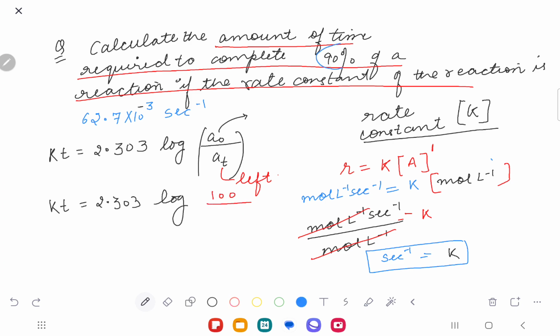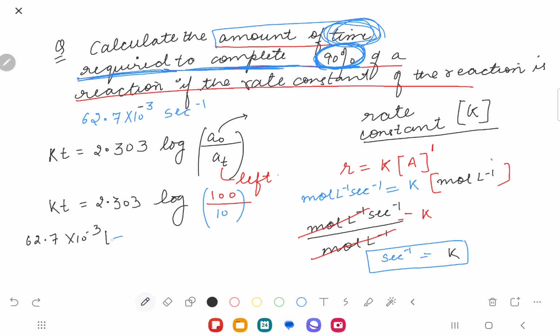The reaction has completed itself by 90%, and when the reaction is completing itself by 90%, that means we are left with just 10 molecules of reactants. And K is given to me as 62.7 into 10 raised to power minus 3. And the question is asking how much time would be required to complete 90% of the reaction. So time we have to calculate.